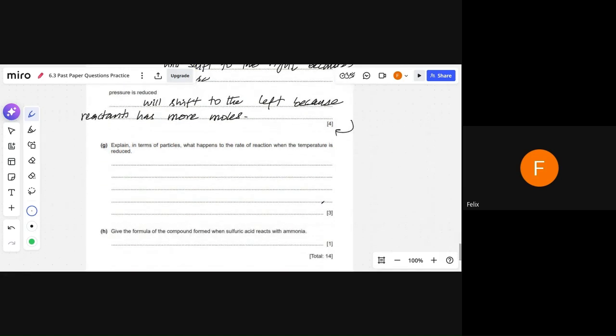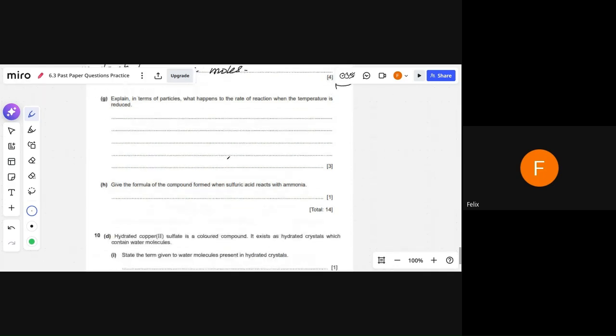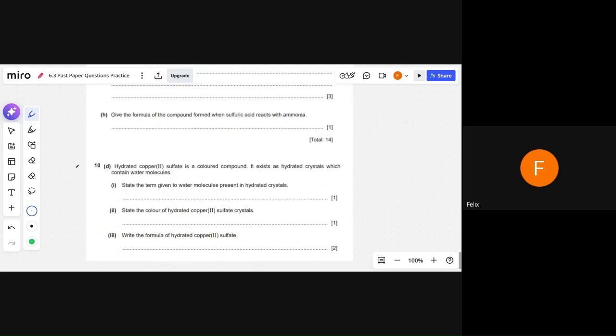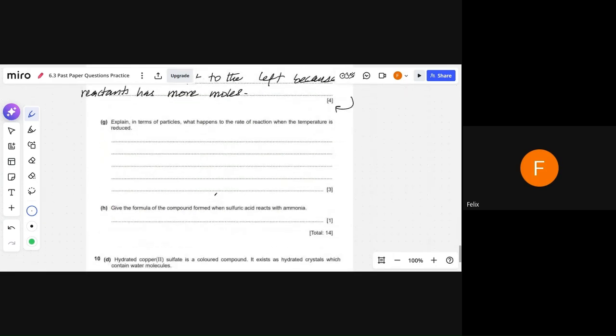Now this is part G: explain in terms of particles what happens to the rate of reaction. I'm not answering this one, it is not related to equilibrium. Okay, actually, should I answer this?